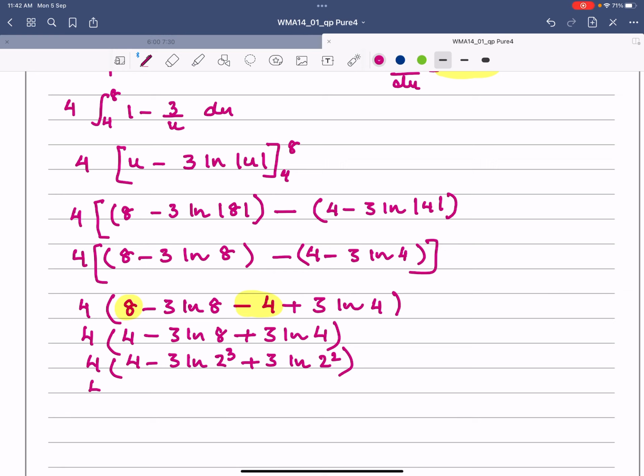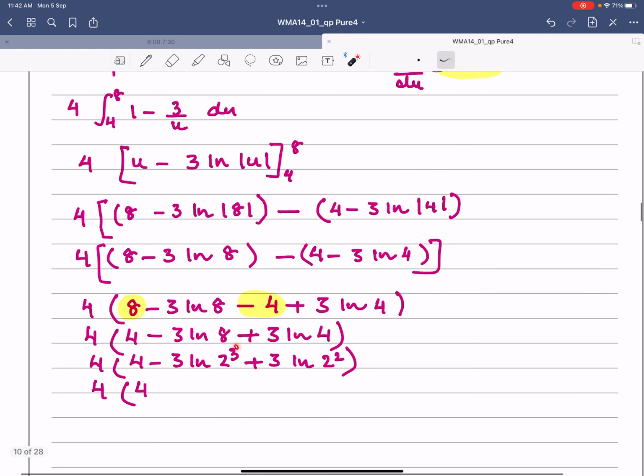So 4 into 4 minus, we know that the power goes in front and multiplies with the coefficient in the log. So 3 3s are 9, 9 ln 2 minus 9 ln 2 plus 2 3s are 6 ln 2.